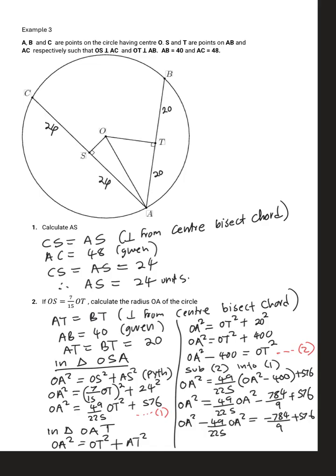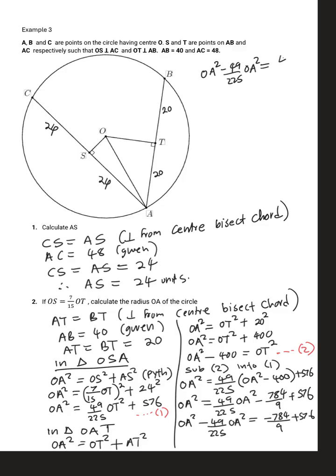And then I'm going to take this calculation on that space right there. So then we have OA squared minus 49 over 225 OA squared is equal to, and then now we're going to calculate negative 784 divided by 9, and then we add 576, we will get 4,400 divided by 9.